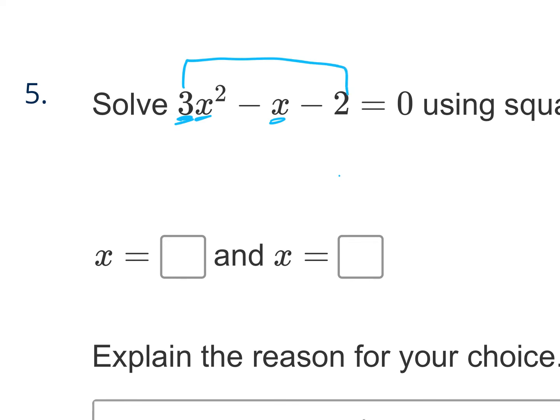So 3 times -2 would be -6. What are two factors of -6 that add to -1? 3 and -2 would be +1. -3 and +2. So x minus 3 and x plus 2.